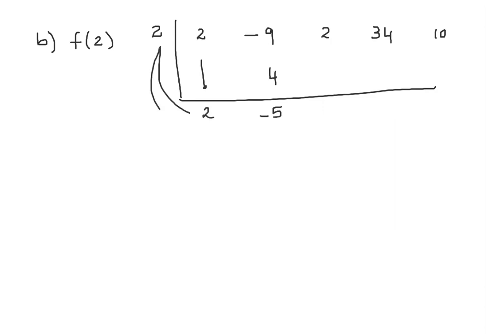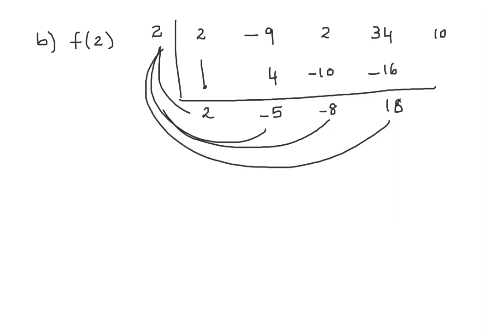So we always have to multiply. -16. It's going to be 18. 18 times 2 is 36. When we add, we get 46. So f of 2 is 46.